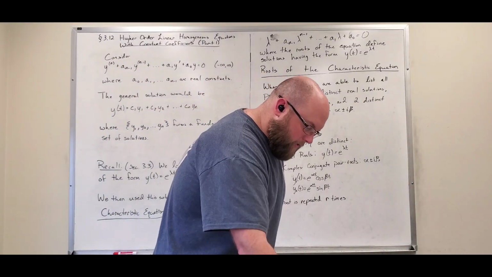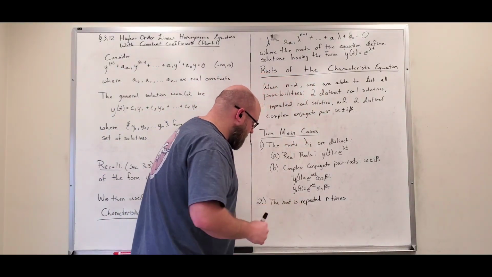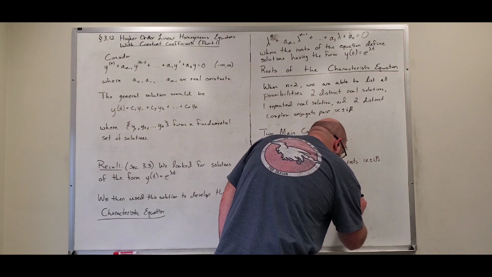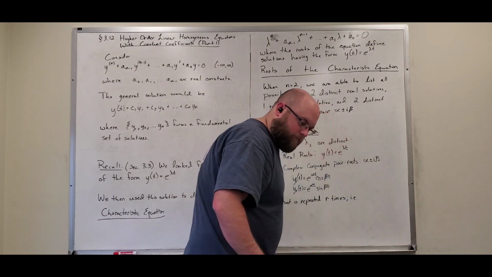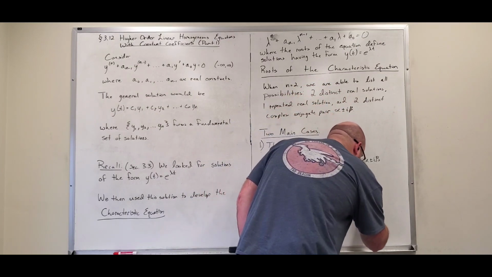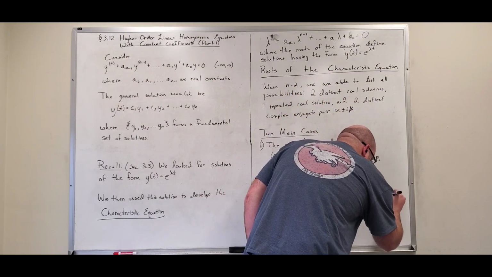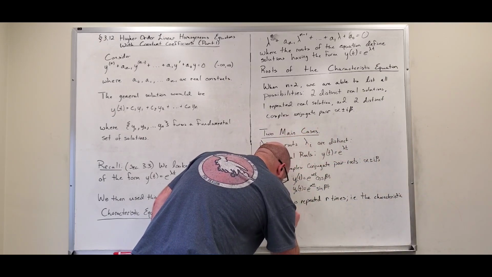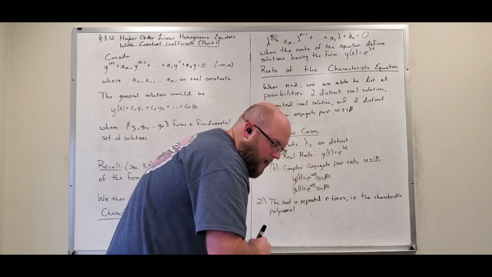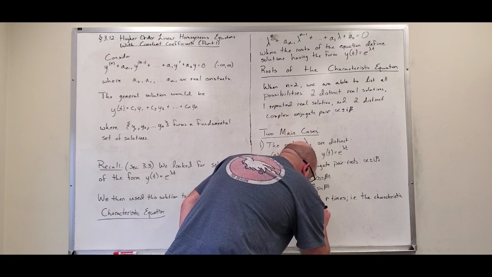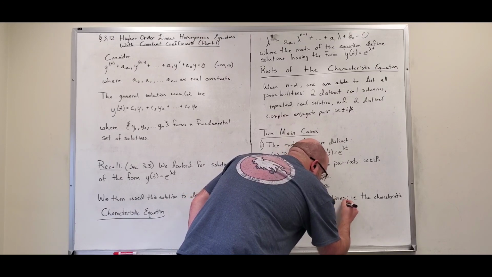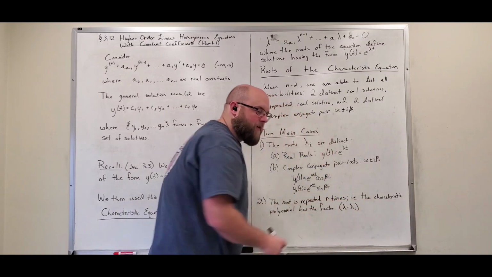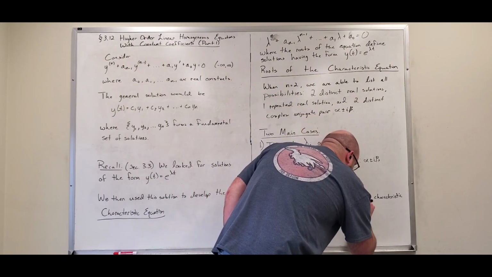In our case, another way to write this: if the root is repeated r times, that means that the characteristic equation, in other words the characteristic polynomial, has the factor of lambda minus lambda sub i, raised to the r power.